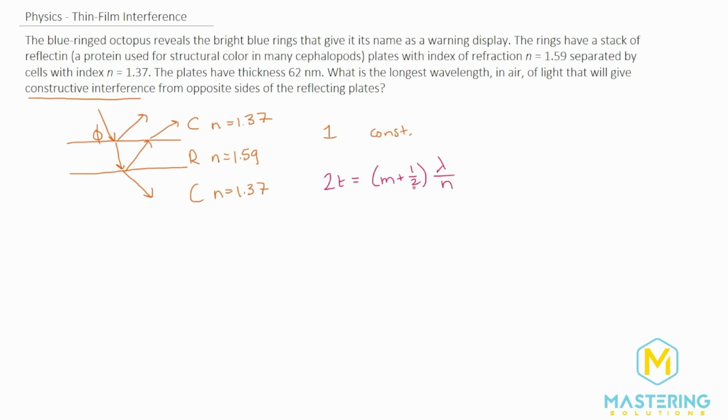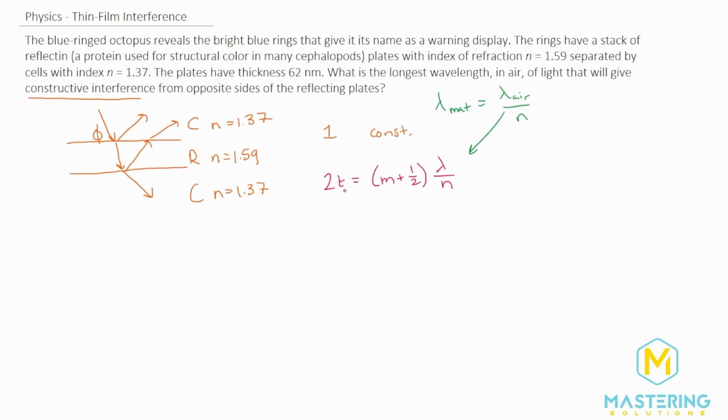Now, it's helpful to think about this because this comes from the relationship in the book where they said that the lambda of a material is equal to the lambda in air divided by the index of refraction. So this is where this is coming from to take into account the material. So whenever we solve for this, it's for that given material with the n.